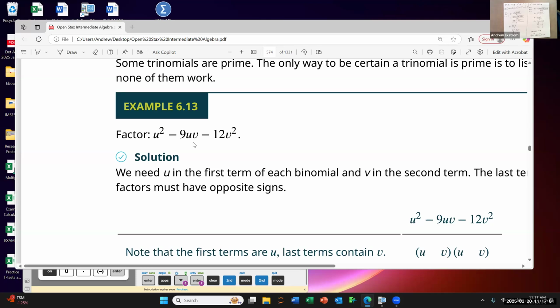The smaller number is going to be positive. And you can use the method that's in the book. Or plug it into the equation we've been using. A equals 1, B equals -9, C equals -12. Plug it in, get your numbers, get yourself done. Not a big deal.